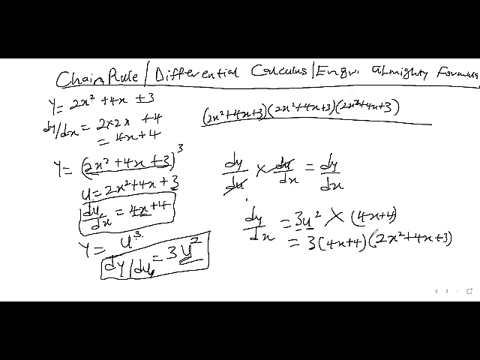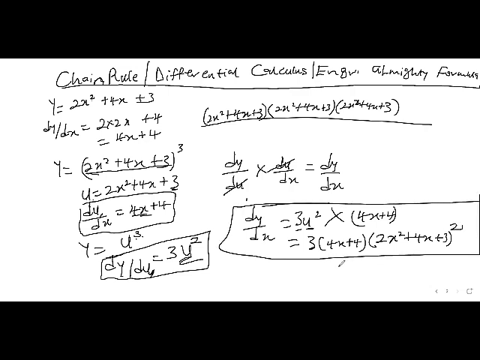So this becomes my u. Then, the power here for this u is 2. So this is the dy over dx. This is the final answer. 3 open bracket, 4x plus 4, open the bracket again, 2x squared plus 4x plus 3, close the bracket, square. So that's it for chain rule. There's nothing hard about it.